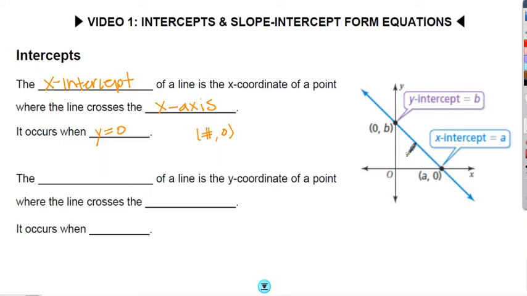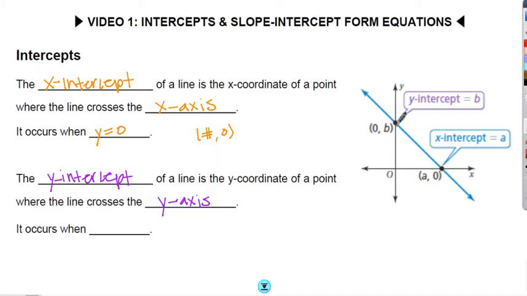Now, the reverse is true for the other one, and the other one is the y-intercept. The y-intercept of a line is the y-coordinate of a point where the line crosses the y-axis. And again, if you look at the blue line on the graph, it's crossing the y-axis at that point, and that point is the y-intercept.